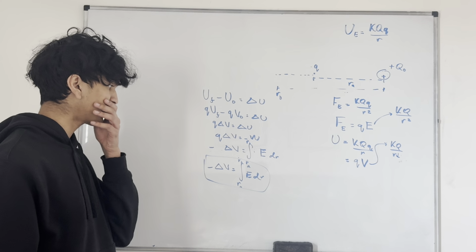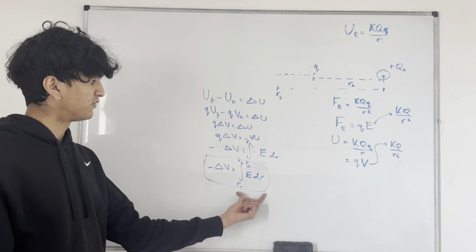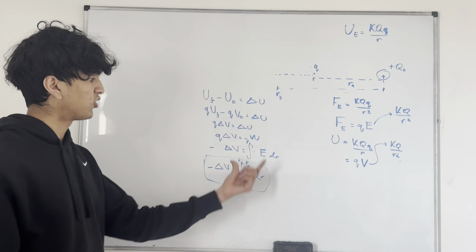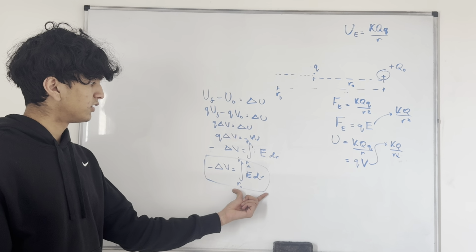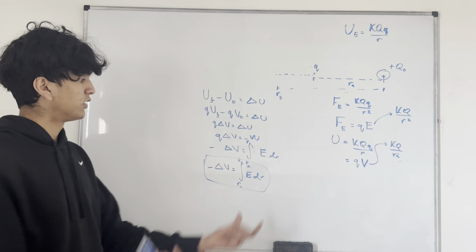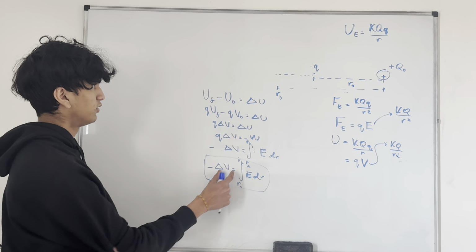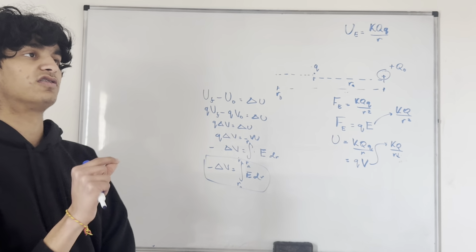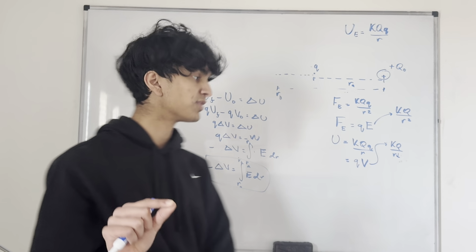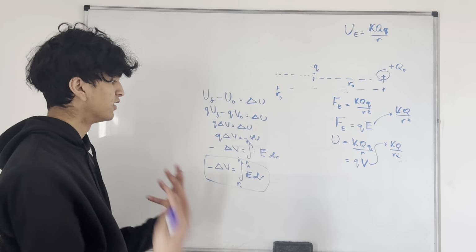So this quantity, the integral of the electric field from RA to RB, is positive. The change in V, the final voltage minus the initial voltage, is negative because it's going from high to low potential. So a negative times a negative quantity is how you get the positive thing.